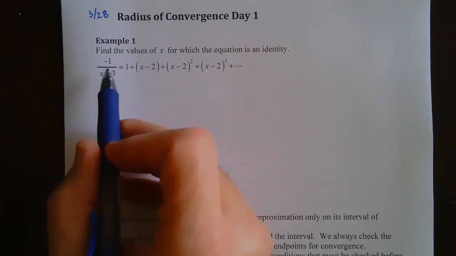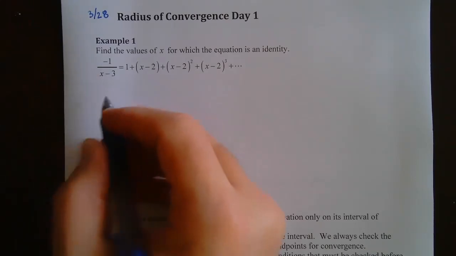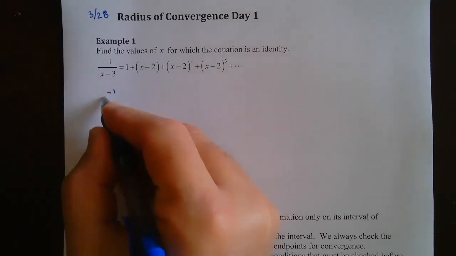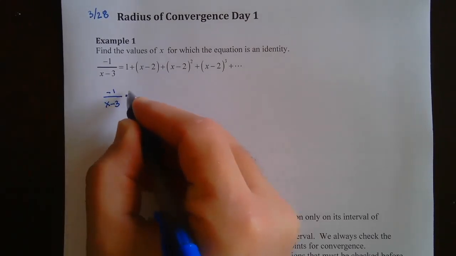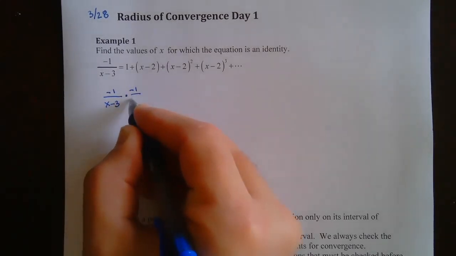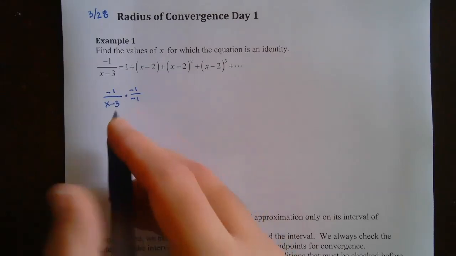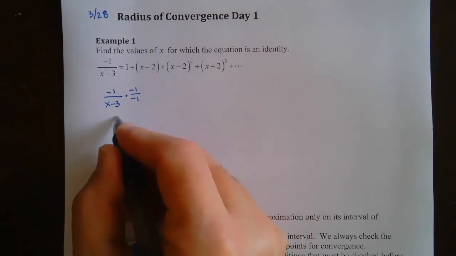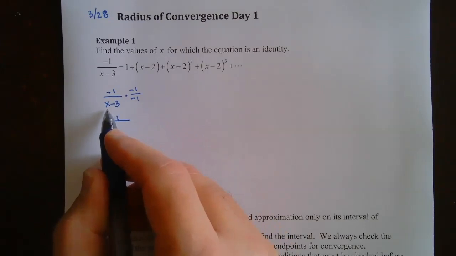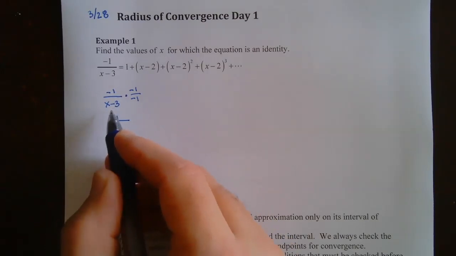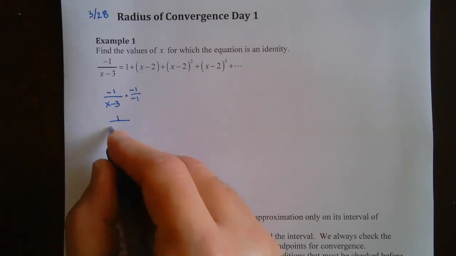So what I'm going to do to negative 1 over x minus 3 is multiply it by negative 1 over negative 1. And then that would give me 1 over, and then this would be negative x plus 3, or 3 minus x.